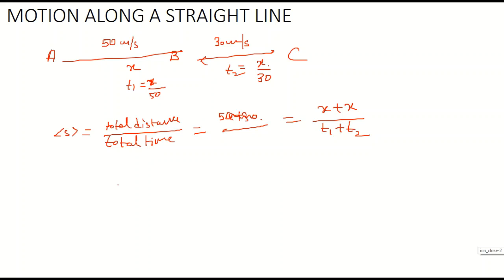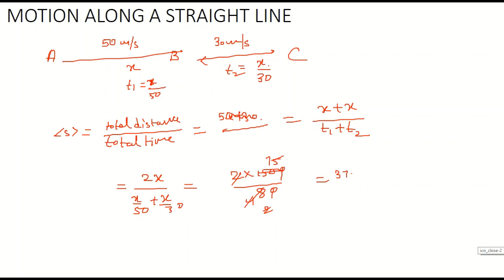So it will be 2x divided by x by 50 plus x by 30. So I can write it as 2 into 1500 divided by 80. Right? So it will be nothing but 37.5. So the average speed will be 37.5 meter per second, and that will be the same as average velocity.